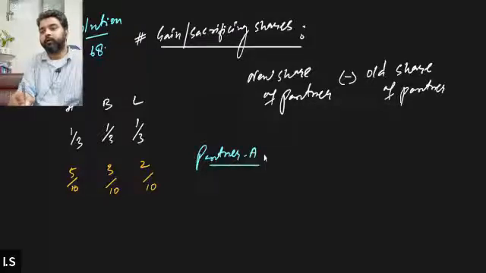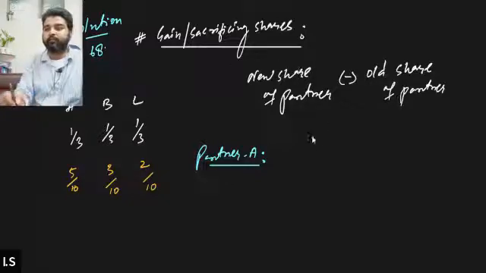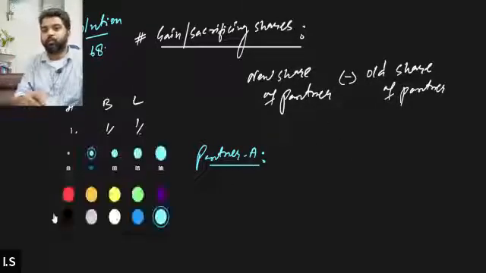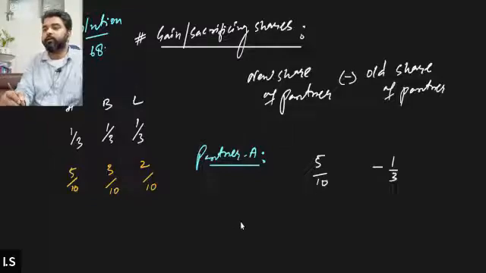Partner A. For finding out the gain or sacrifice for partner A, we will be subtracting the old share, that is 1/3, from the new share. The new share of A is 5/10, right? So we need to subtract 1/3 from 5/10.